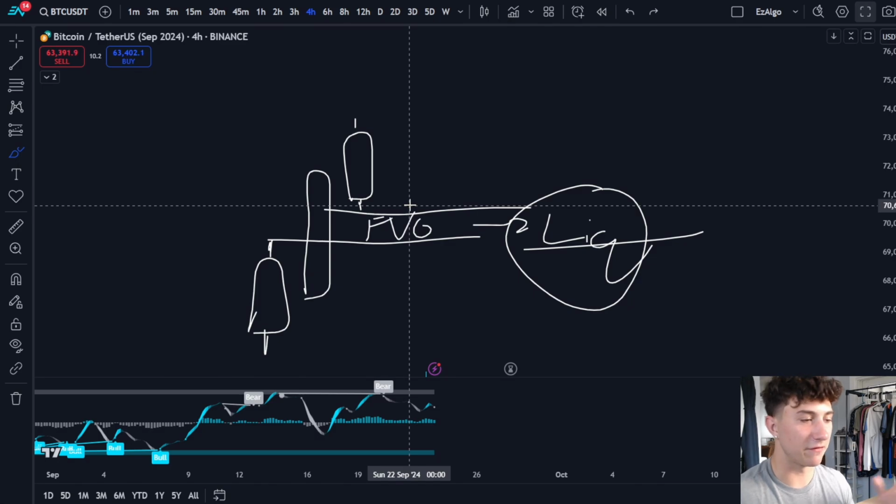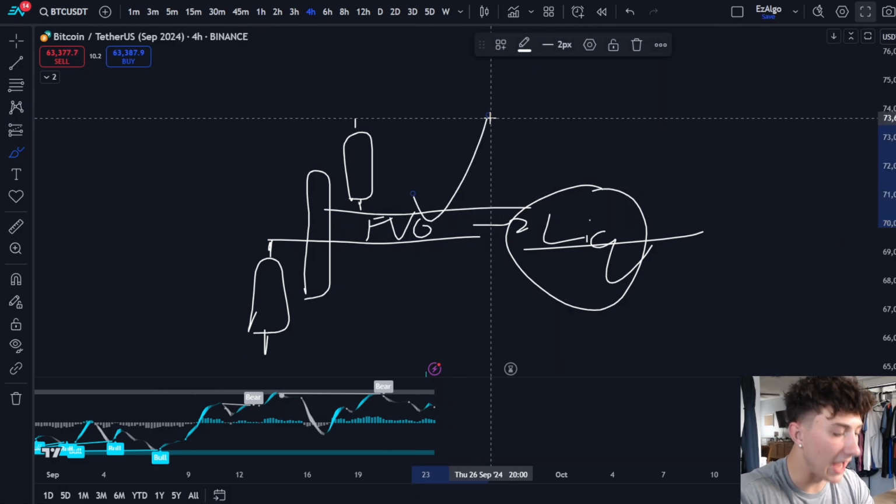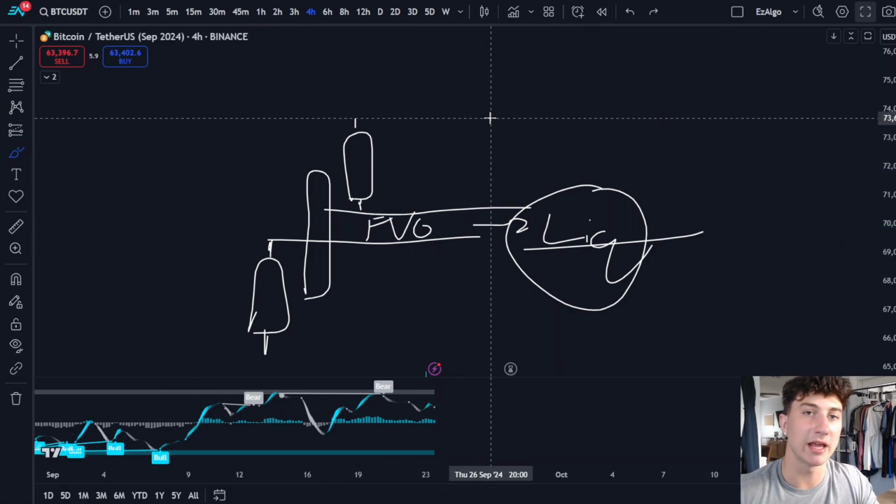It's kind of a paradox, right? Because people believe there's liquidity there, they put orders there, meaning price will oftentimes react off of fair value gaps, just like price oftentimes reacts off of the golden pocket fib, because so many traders use it for an entry. I hope that makes sense.